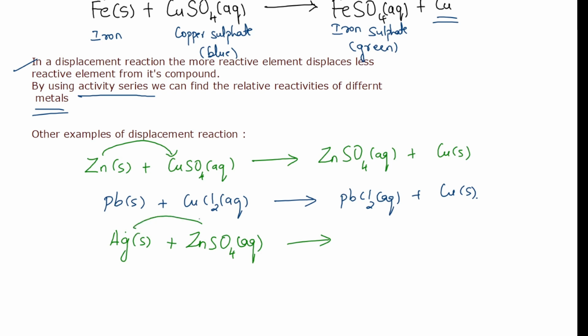So this cannot displace zinc from this solution. So what you have to write here, no reaction takes place, because many a times in your examination they will mention the reactants and you need to write the products there. You have to observe the reactivity series, which element is more reactive and which is less reactive. Then you should write the products. Do not simply write the product just by displacing this element from this compound. You have to observe the reactivities of both the metals here.